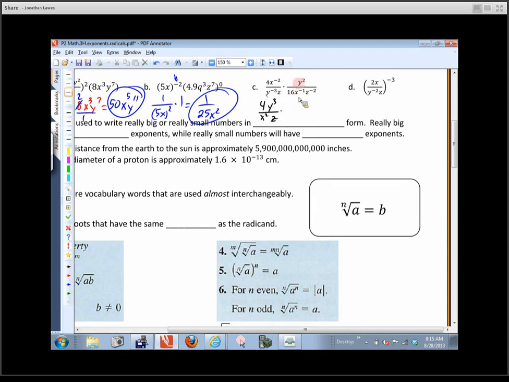Do I need to change this at all? I do. The y squared is fine. The 16 is fine. But I need to move that to the top, so that's going to be a plain old x. And I need to move that to the top, that's going to be a z squared. And then I can go through and I can cancel, simplify, and all that sort of stuff. Any questions? Okay, I'm not going to finish that one. If you don't know how to finish it, come see me afterward.